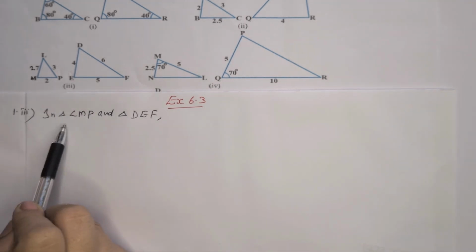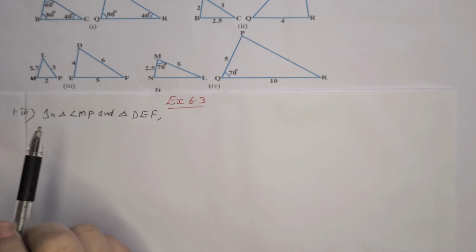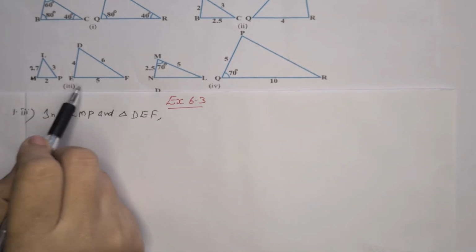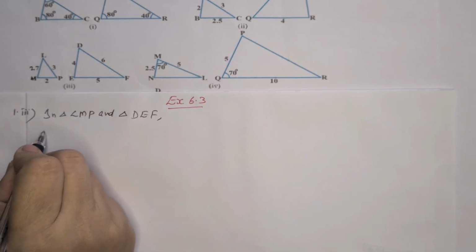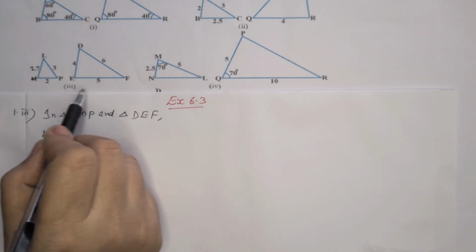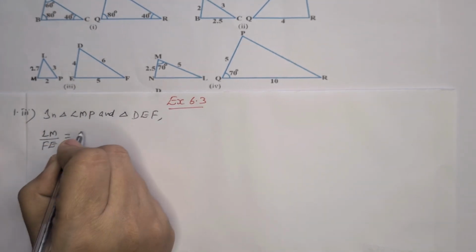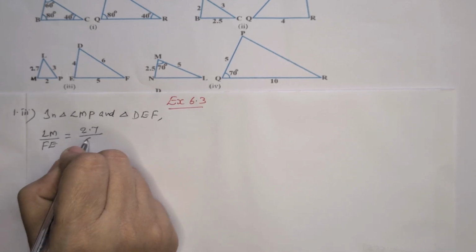Now third one, in triangle LMP and triangle DEF, corresponding sides we can take. First LM corresponding to that FE is equal to 2.7 by 5.